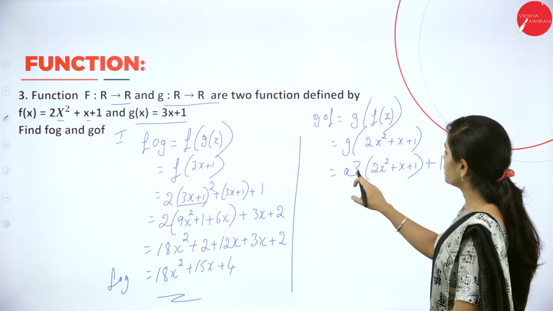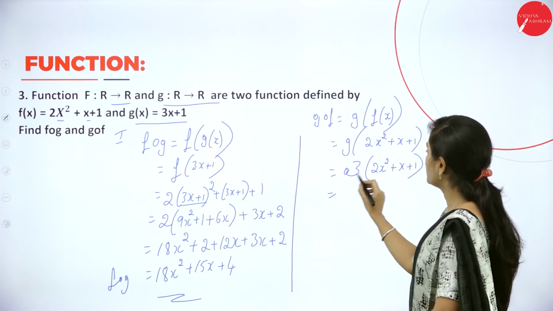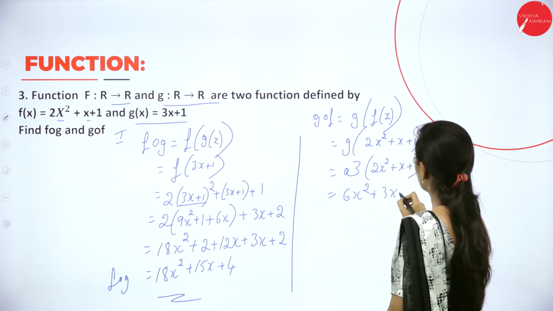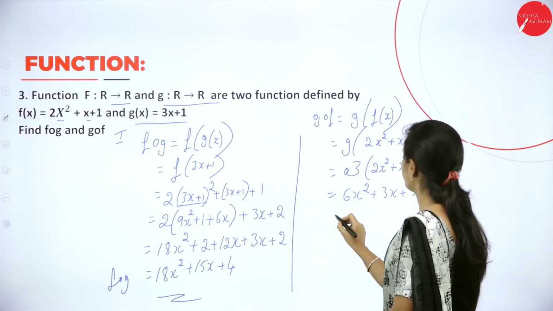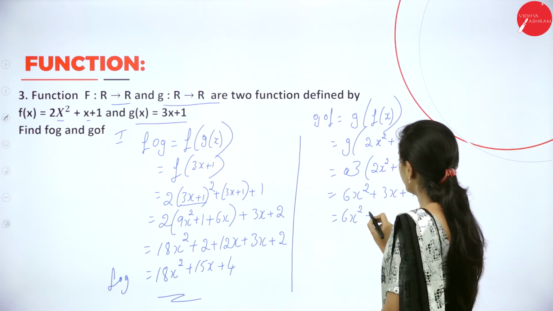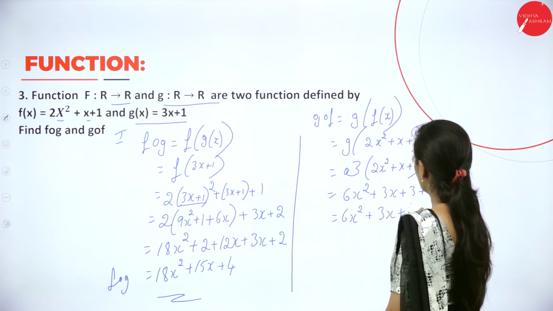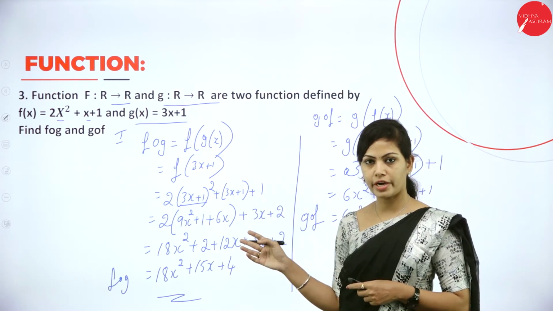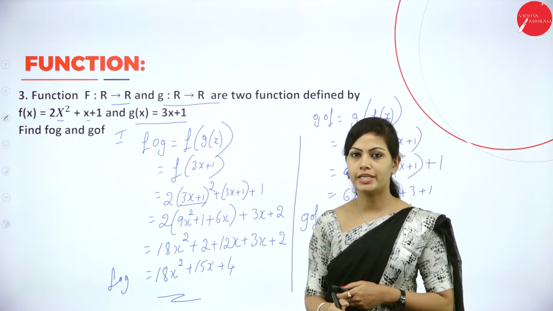This is in the form of 3x plus 1. So multiply this: 6x square plus 3x plus 3 plus 1. So you will get 6x square plus 3x plus 4. So this is gof. Like this you can find gof and fog x.